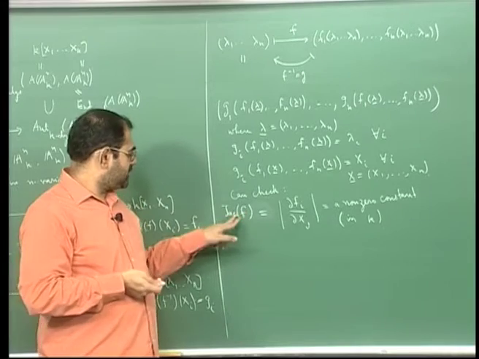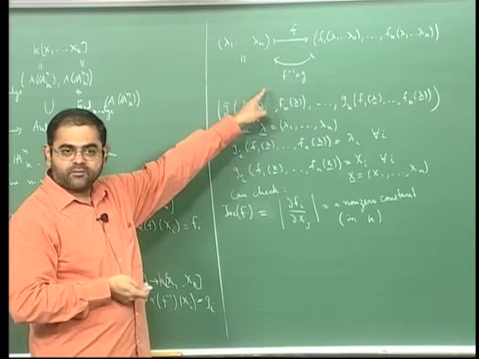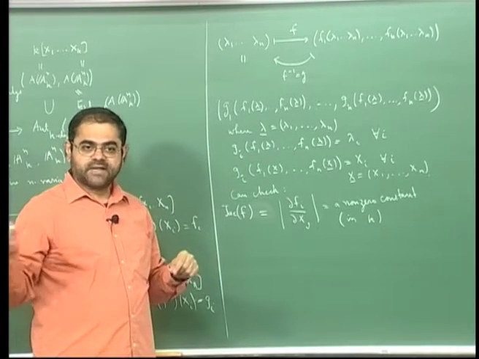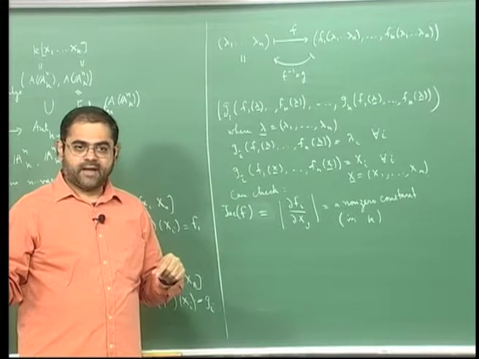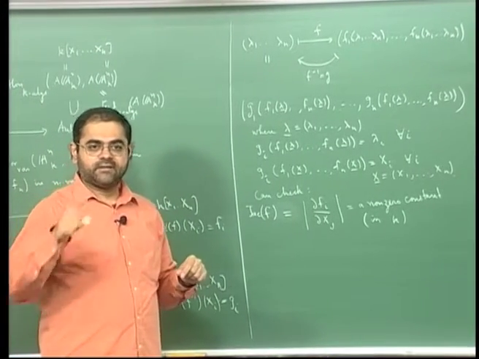But the fact is f has an inverse g, and therefore f followed by f inverse is the identity. For the identity function, if you take the Jacobian, you simply get the identity matrix.